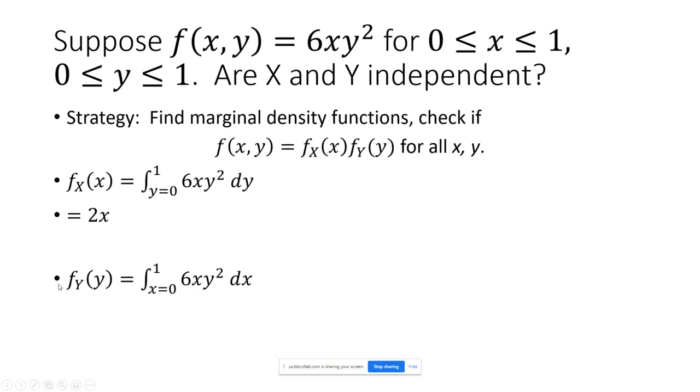And the marginal density function for y, same thing, integral of the joint density function, but now integrating over the possible values of x. And that turns out to be 3y squared.